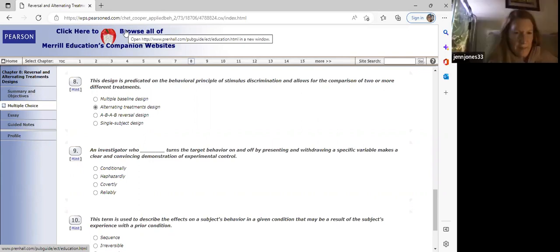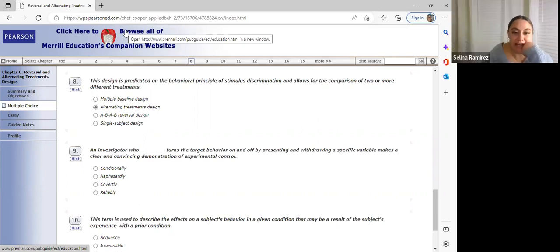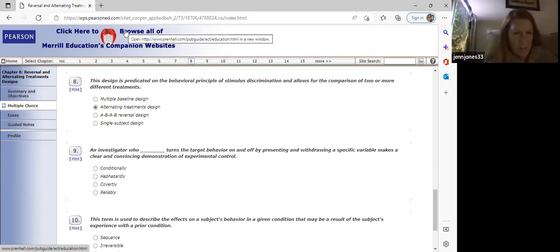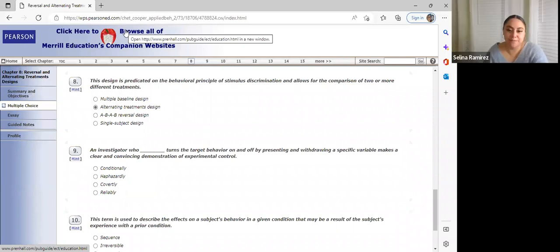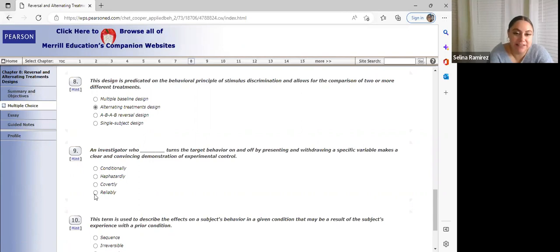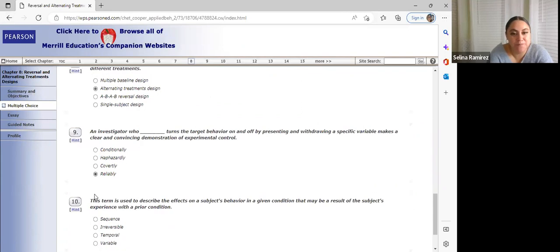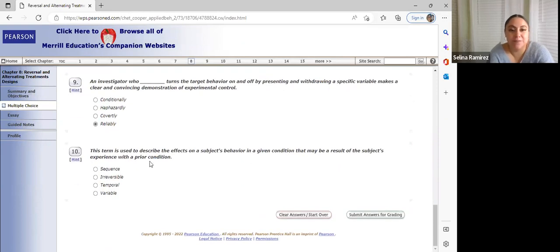Yeah, experimental control. Yeah. I would say reliable, but I don't know what you guys think. Reliably. Reliably, B-L-Y, yeah. Reliably. You guys didn't say reliably? I don't know. We didn't talk about that one, so we might be wrong, but let's see.